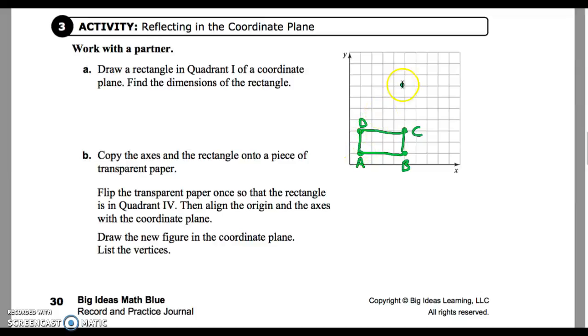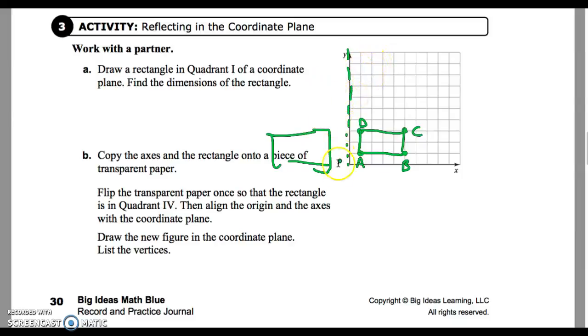Okay? So, and then let's finish out the directions. It says flip the transparent paper, so your notebook paper. Flip your notebook paper once so that the rectangle is in quadrant 4. So you're basically going to flip it left to right over this line so that your rectangle will end up somewhere over here.